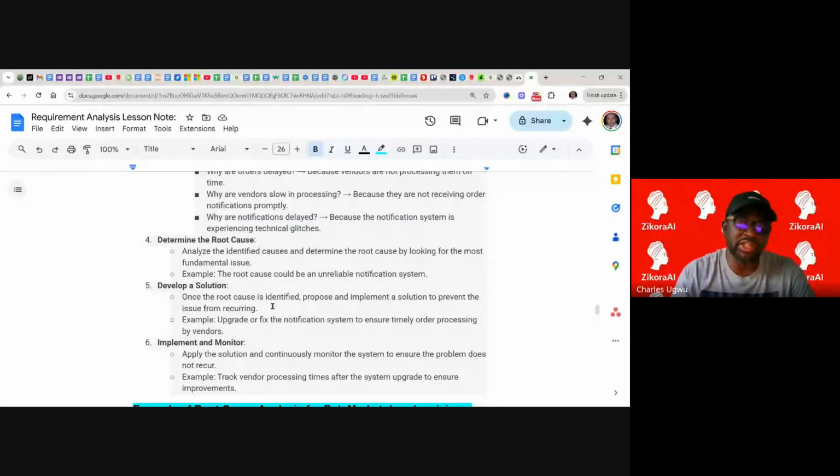Once the root cause is identified, propose and implement a solution to prevent the issue from recurring. Example, upgrade the notification system to ensure timely order processing.